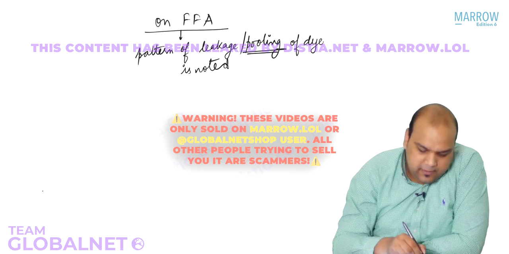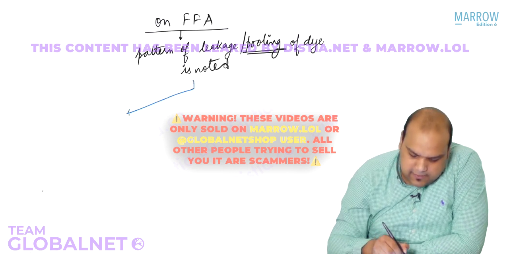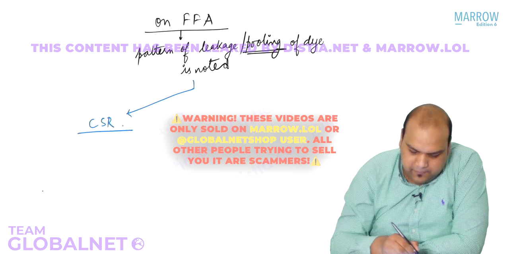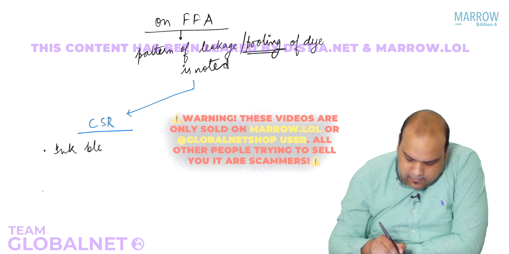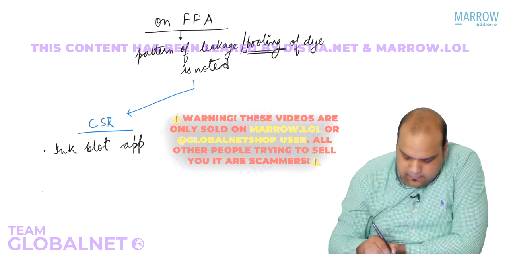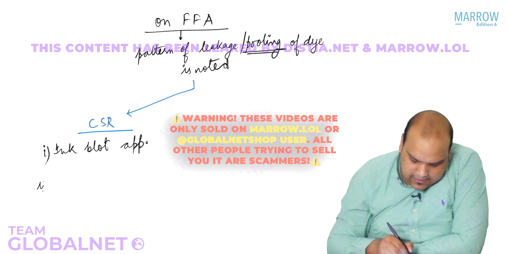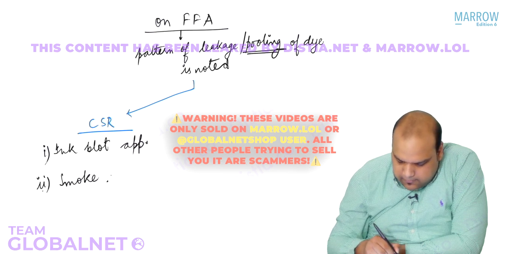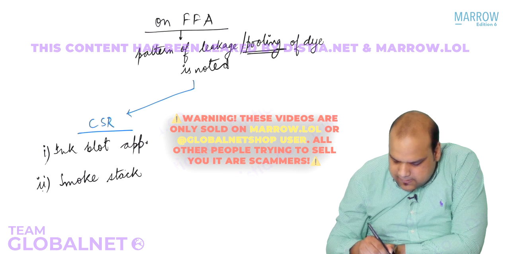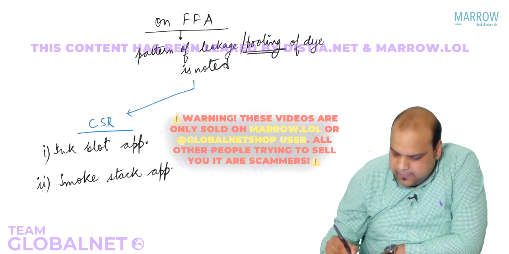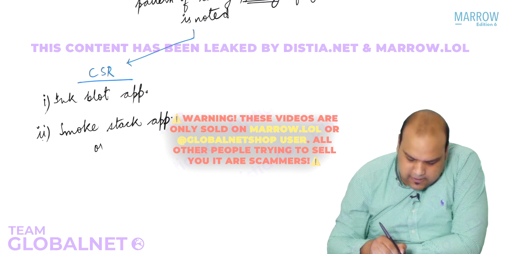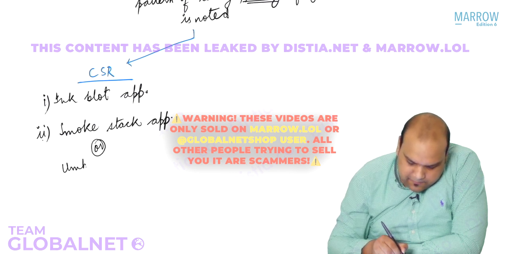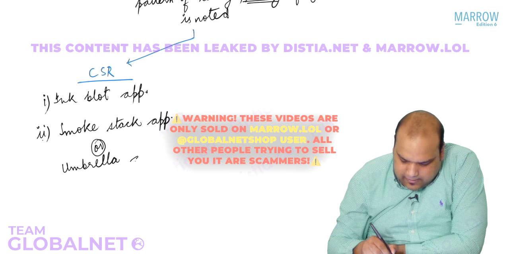In cases of CSR, we say either ink blot appearance, or the second appearance is smokestack appearance, which is also sometimes called umbrella appearance.